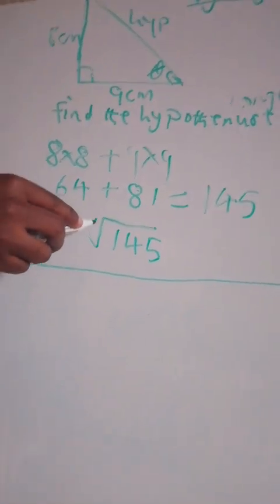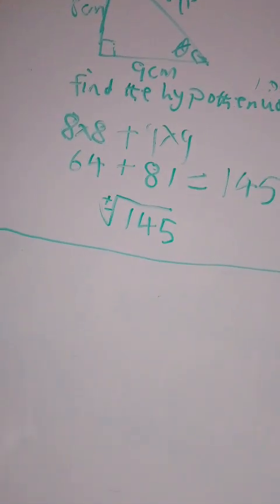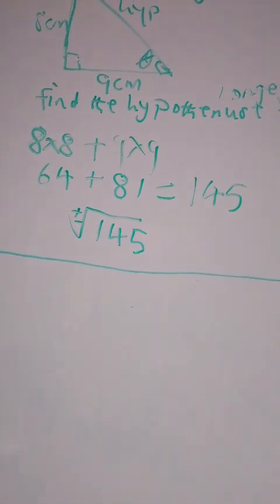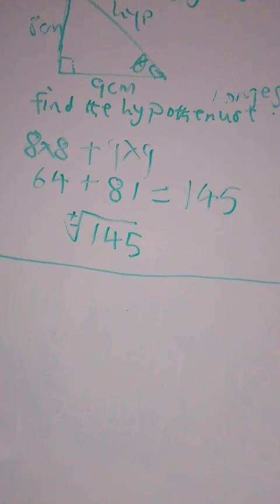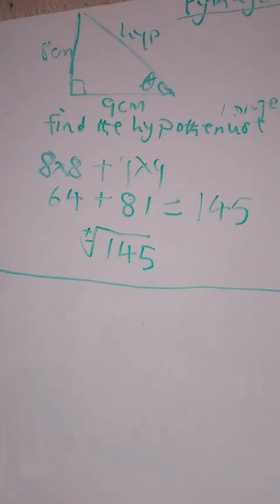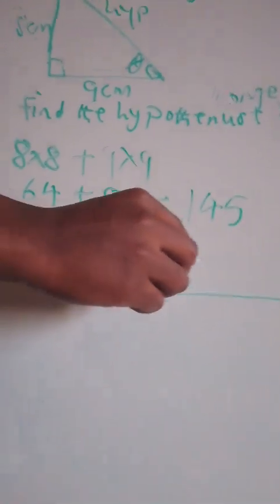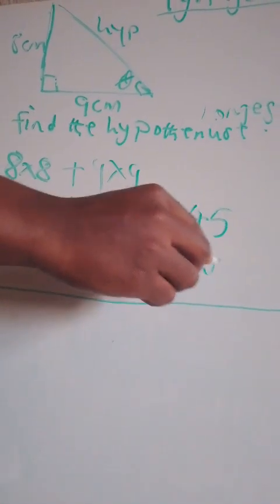Then you press your calculator, square root of 145, and it's going to give you 12.04.